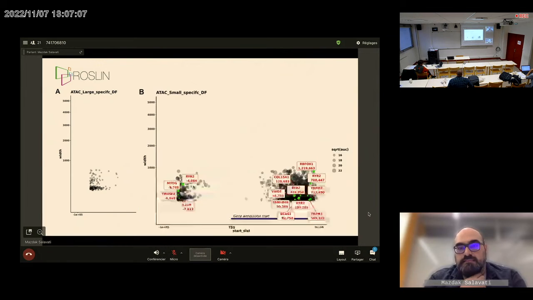But when we did the same analysis with a small size muscle profile and the open chromatin specific to the small size piglets, then we started seeing some interesting signals coming up. As you can see, the MyoG there, the RYR2 there, and also RYR2 there. So there are pieces of DNA and open chromatin profiles that are associated with certain genes that make tissue-specific sense that are in the small size animals.